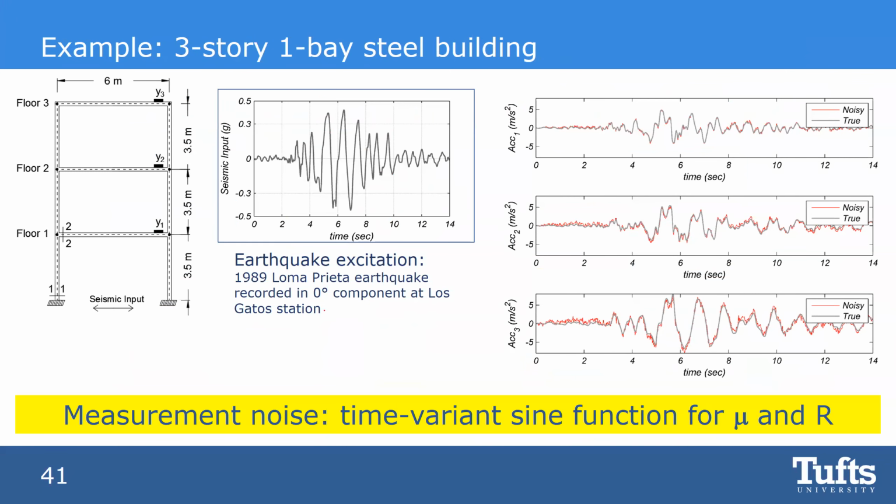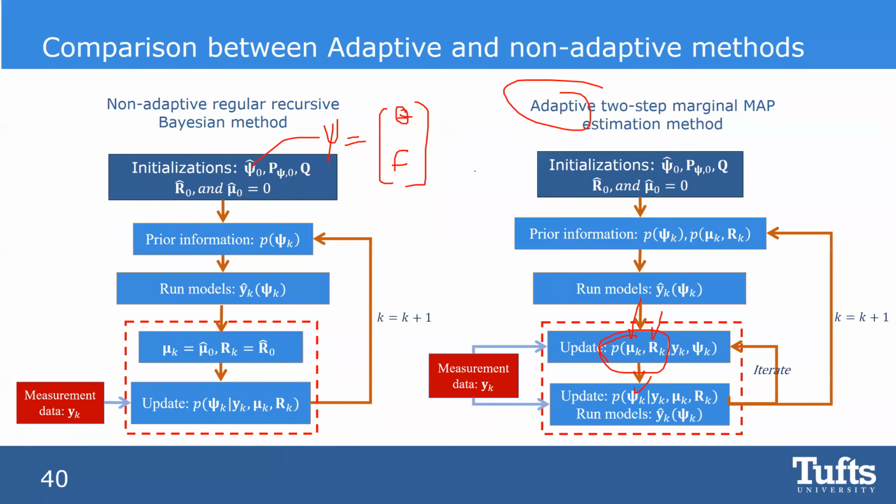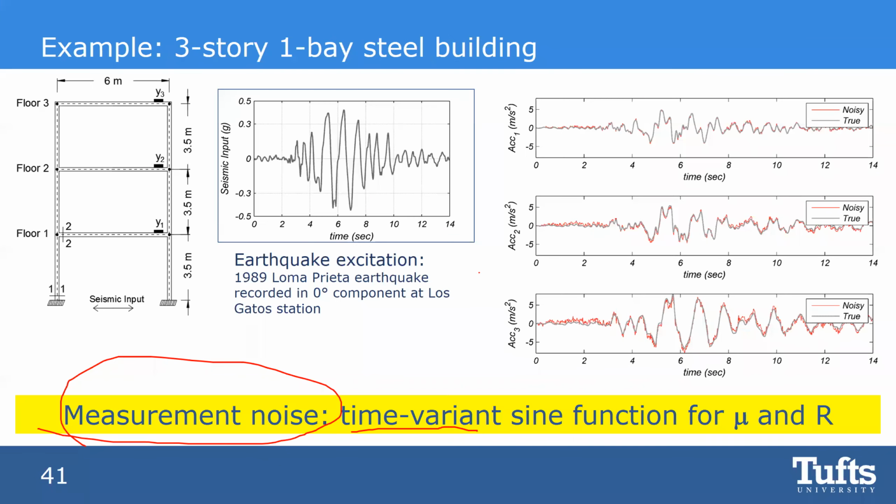And that's especially important when your modeling error or measurement noise is time variant. If it's not time variant, then what I'm talking about here, the left and right, they give you the same thing. If it's time variant, the left one wouldn't work. That's what I'm going to show.